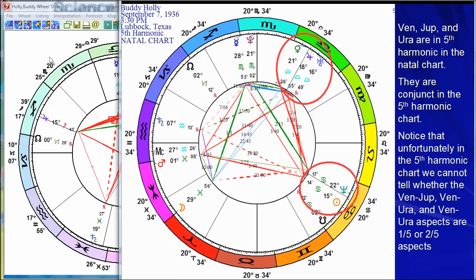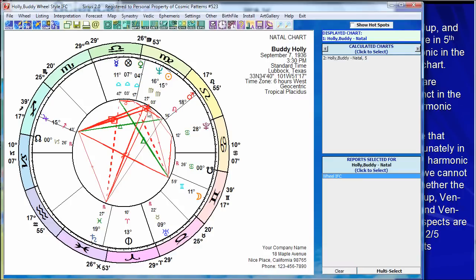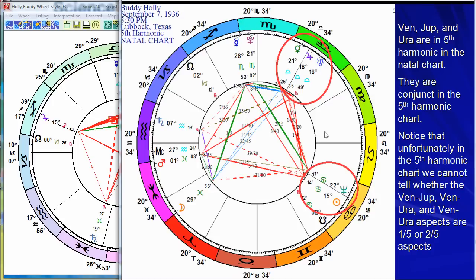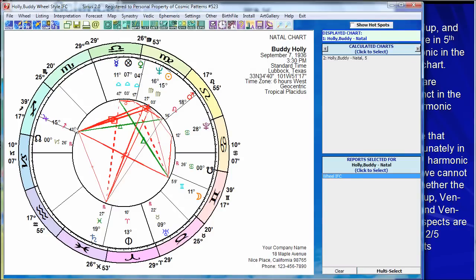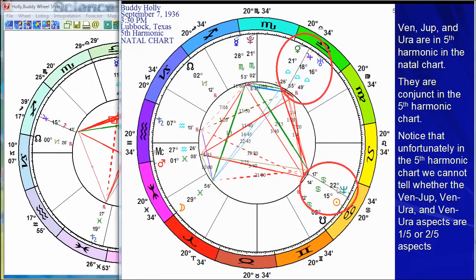And to go back to his natal chart, which I have in the background, that's his Sun-Neptune square Jupiter. The Sun-Neptune square Jupiter is actually tied up with a 5th harmonic pattern. They're all integrated together. And to see it, you just look at the harmonic chart. Here's the Sun-Neptune conjunction, square Jupiter, the same one he has in the natal chart, right? He still has Sun-Neptune square Jupiter in the 5th harmonic.